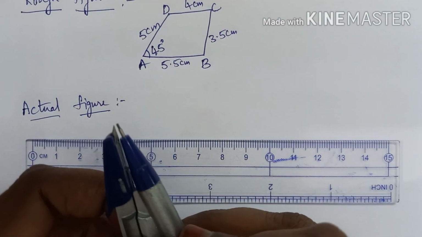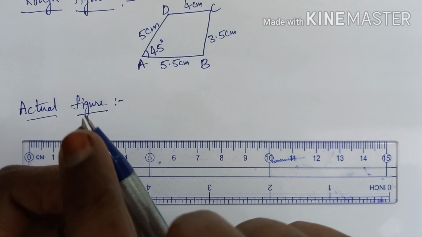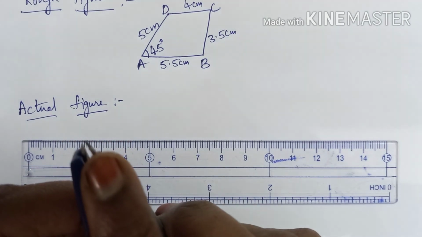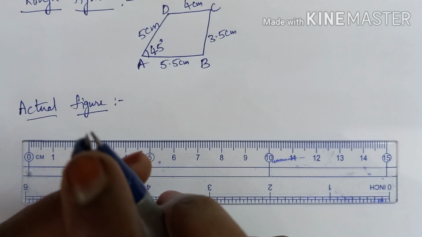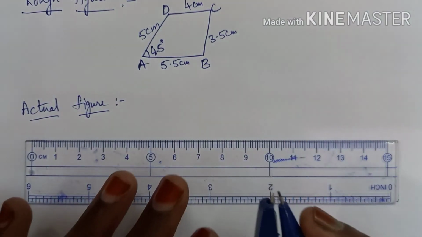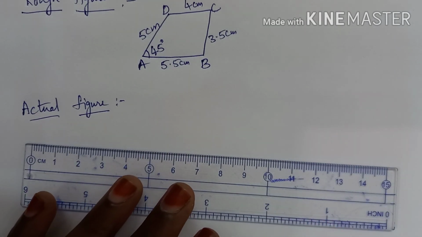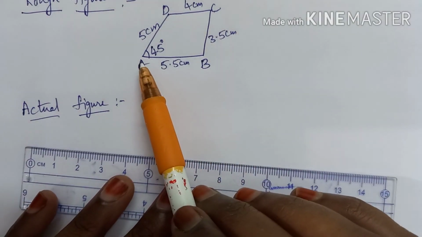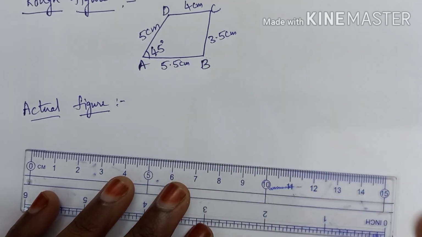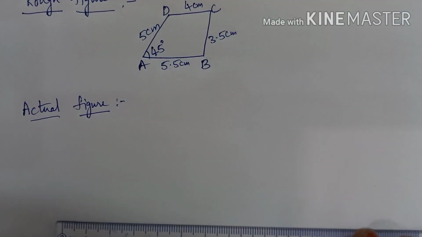See children, the two needles of the compass should be equal in length. Okay, so now first we have to draw the line segment AB 5.5 centimeters.